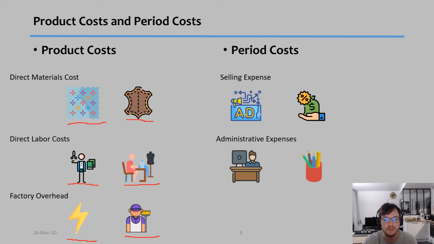The cost of selling expenses, for example, the cost of doing advertisement or commissions that we pay to the salespeople, those would be selling expenses. And in terms of administrative expense, for example, anyone working in the office, on the part, for example, of generating documents would be administrative expense, but also, for example, office supplies, those would also be administrative expense.